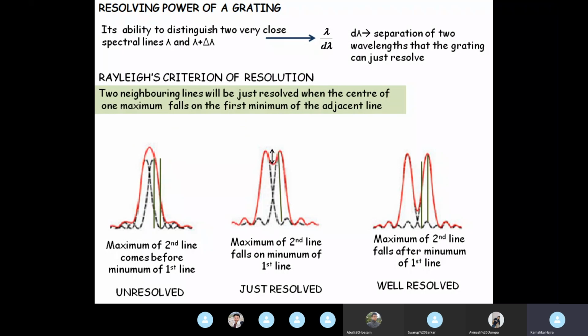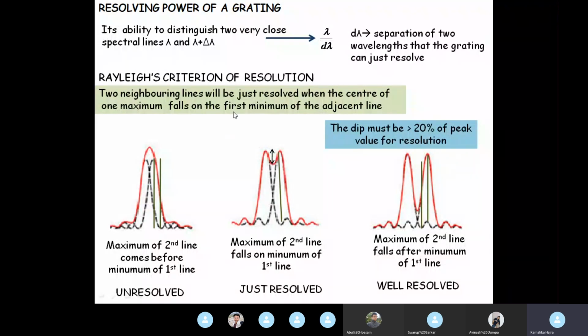The intensities of the two lines will be seen as two separate peaks, and the minimum condition for that is given by Rayleigh's criterion, that the maximum of one at least falls on the minimum of the other. If the maximum comes before the minimum of the other, they will not be seen as two separate lines.